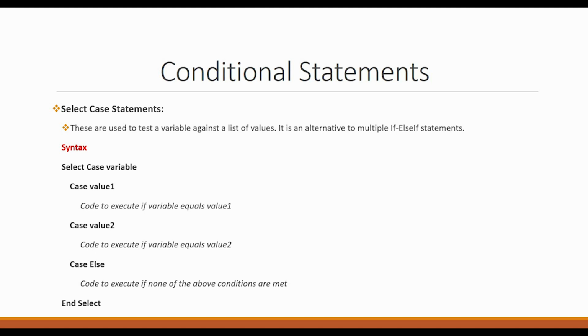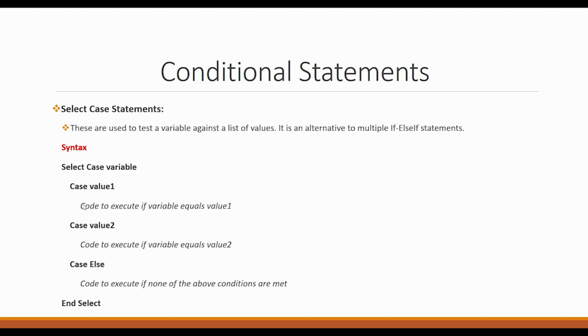So if you want to test a certain value held in a variable A, the syntax is select case, then the variable name that you define goes here. Then case: if this variable is this value, then execute this code.